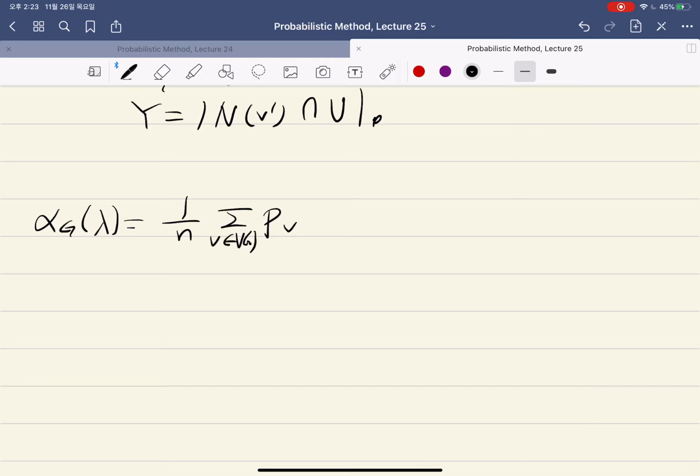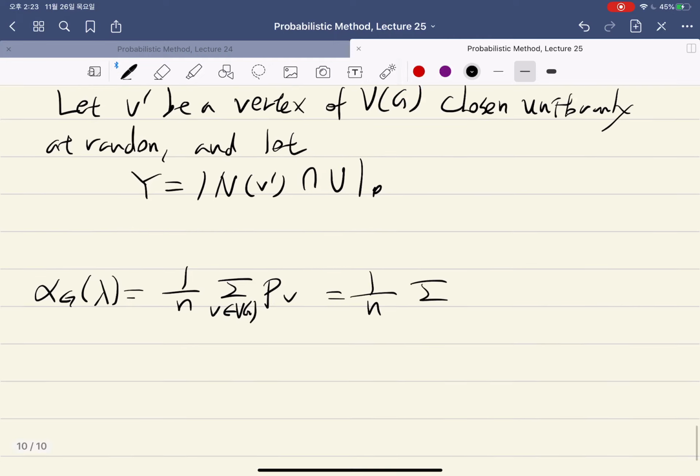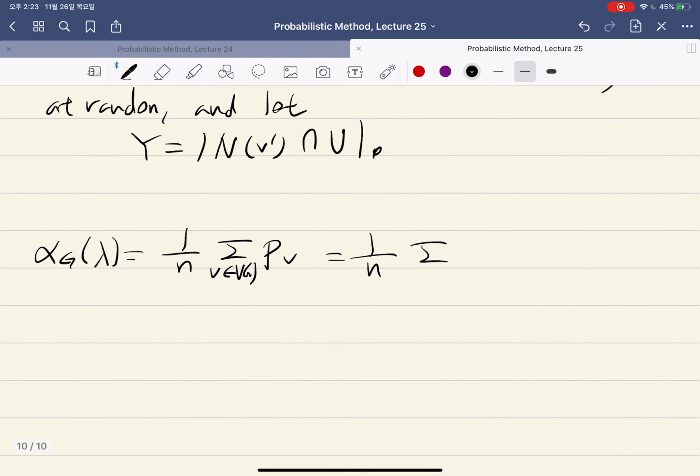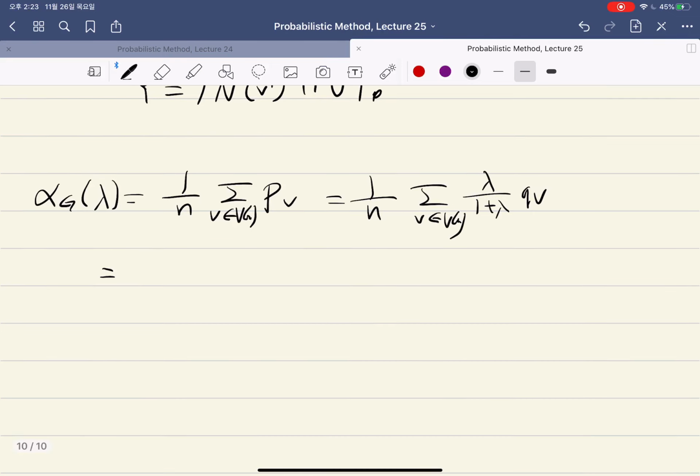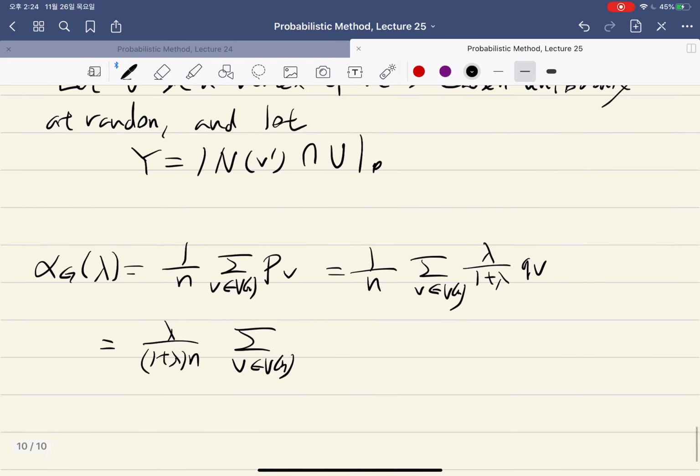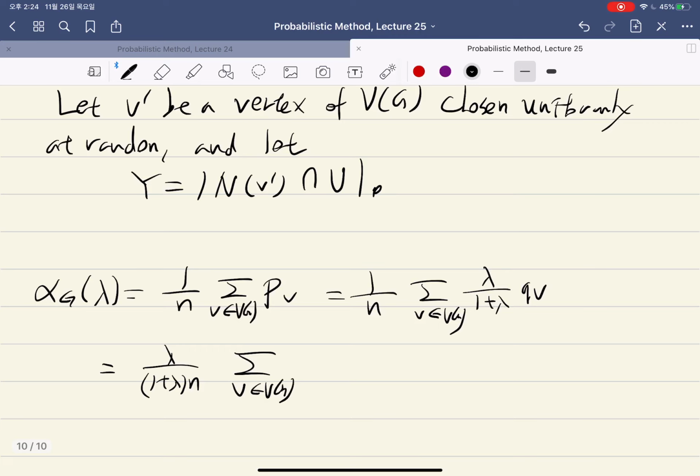And you can use this to rewrite it as the sum of lambda over 1 plus lambda times QB, for V in G. So lambda over 1 plus lambda, and you take it out. Then what's QB? QB is the probability that V is uncovered.